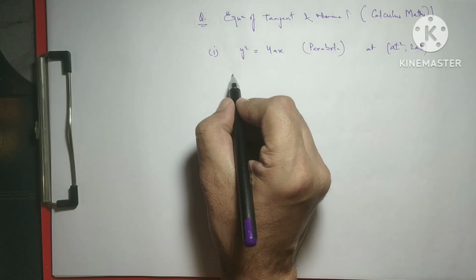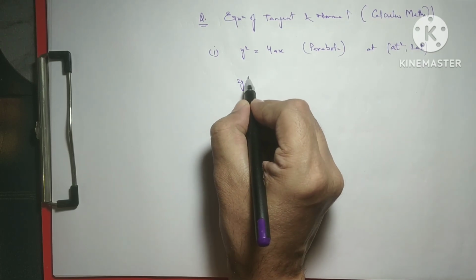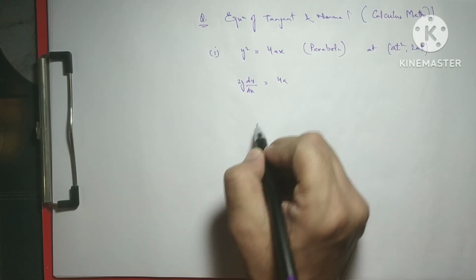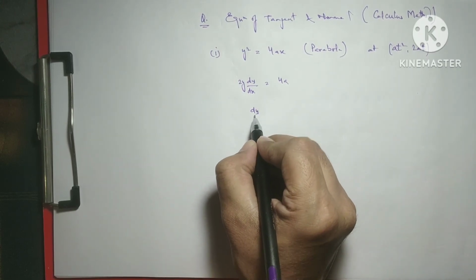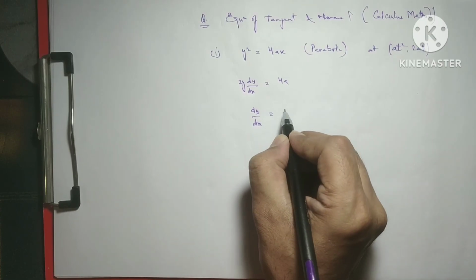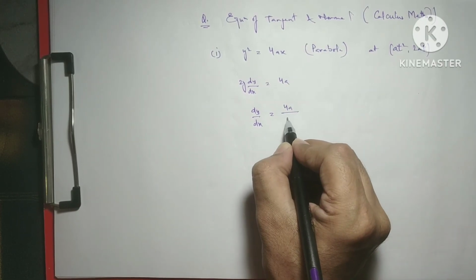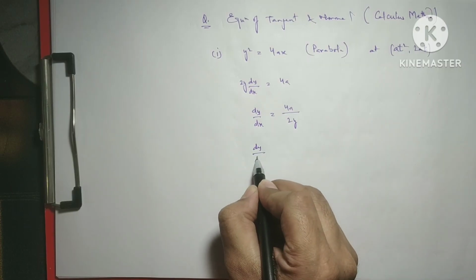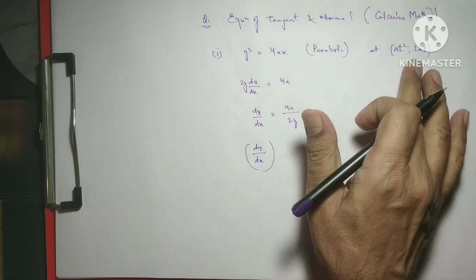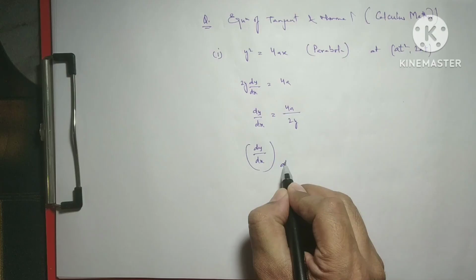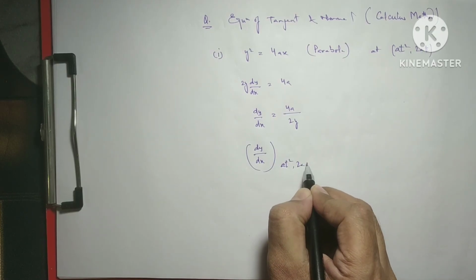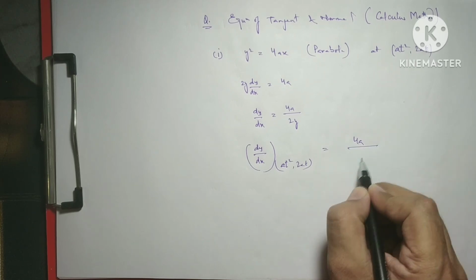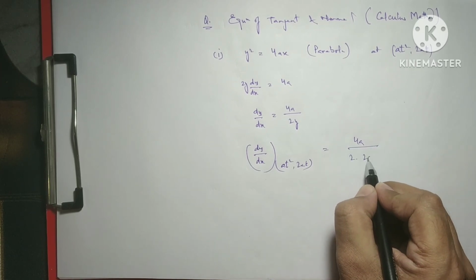So on differentiation we get 2y dy over dx equals 4a. So dy over dx is 4a over 2y, and dy over dx at the given point, that is at square, 2at, will be 4a over twice of 2at.